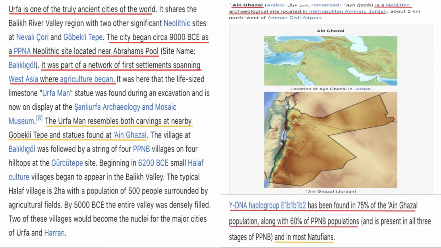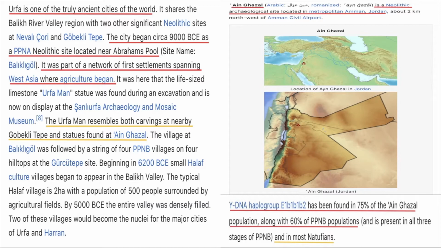And when it comes to this region, we actually find very high amounts of haplogroup E. It says Y DNA haplogroup E1b1b1b2 has been found at 75% of the Ain Ghazal population, along with 60% of the pre-pottery Neolithic B populations, and in most Natufians.